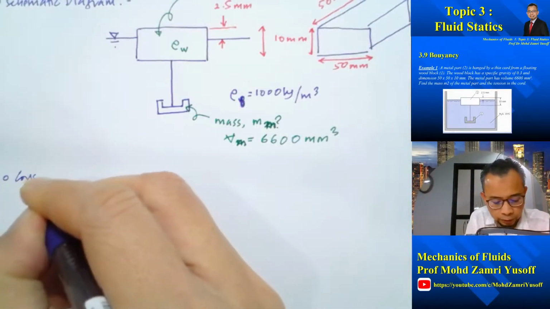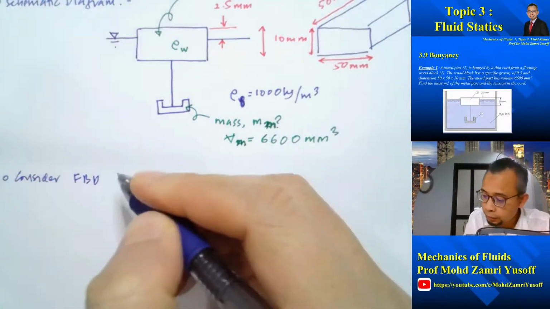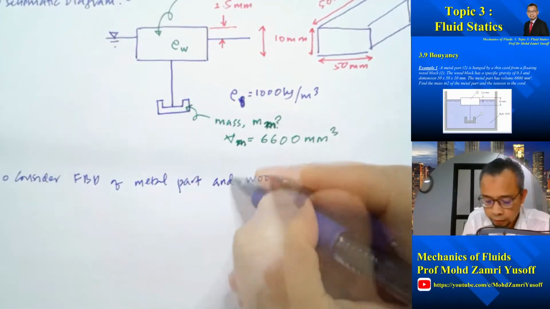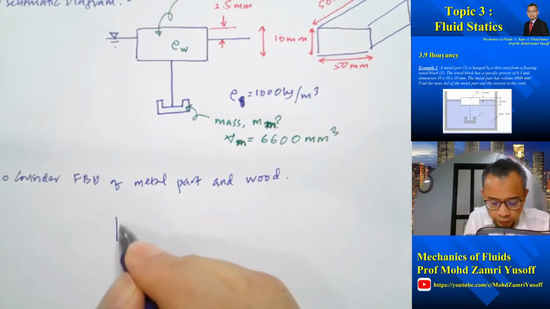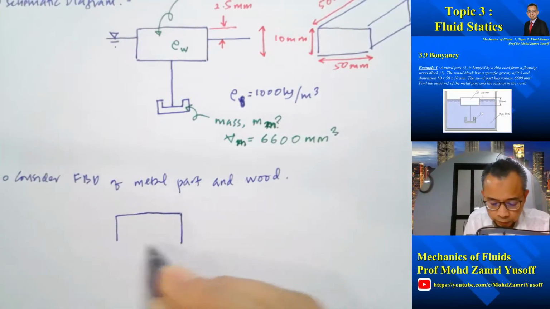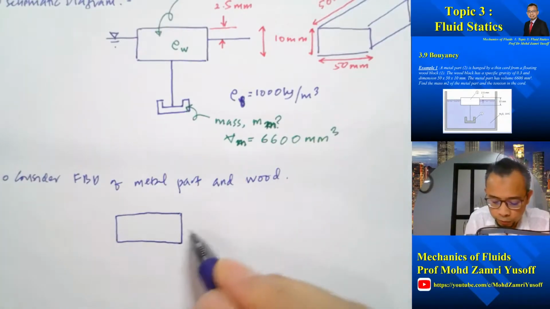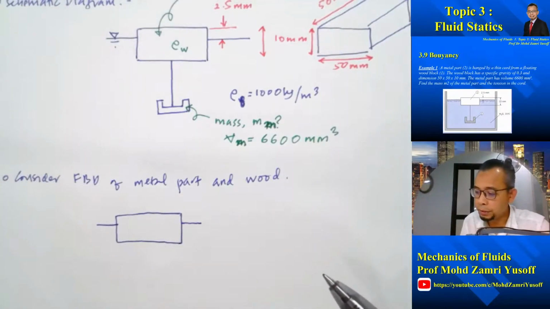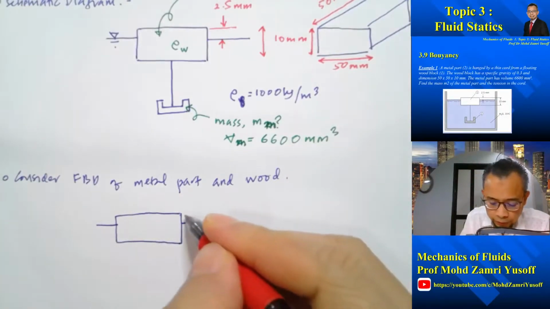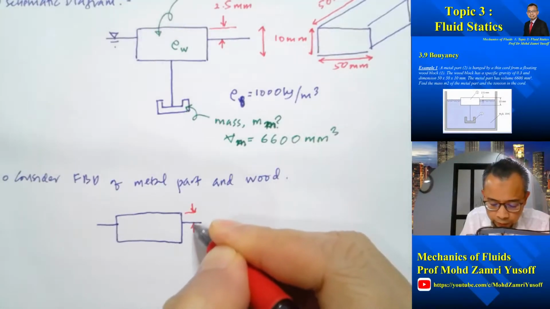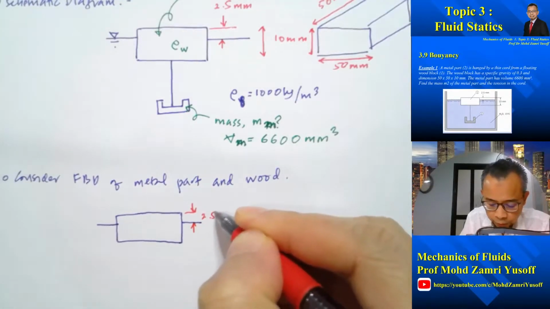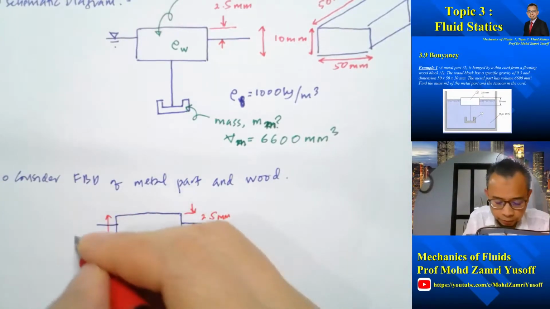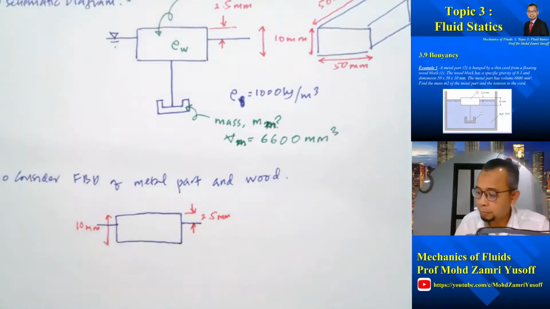Let's first of all draw the free body diagram of the wood and the metal part. If we consider the wood, part of it is submerged underwater, given that this distance is equal to 2.5 mm and the whole distance is equal to 10 mm.